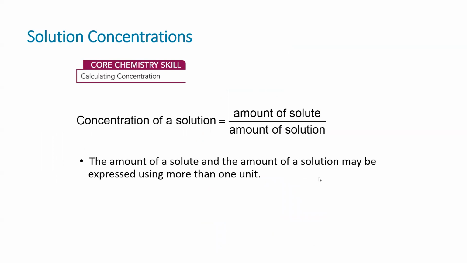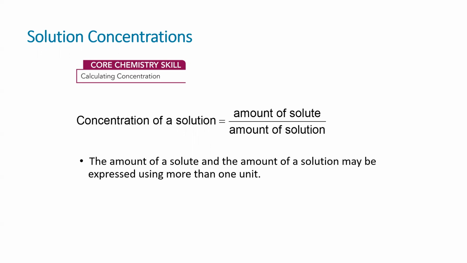So we're going to be talking and calculating solution concentrations. This is a core chemistry skill, to be able to calculate a concentration. At its most basic definition, the concentration of a solution is the amount of solute divided by the amount of solution.